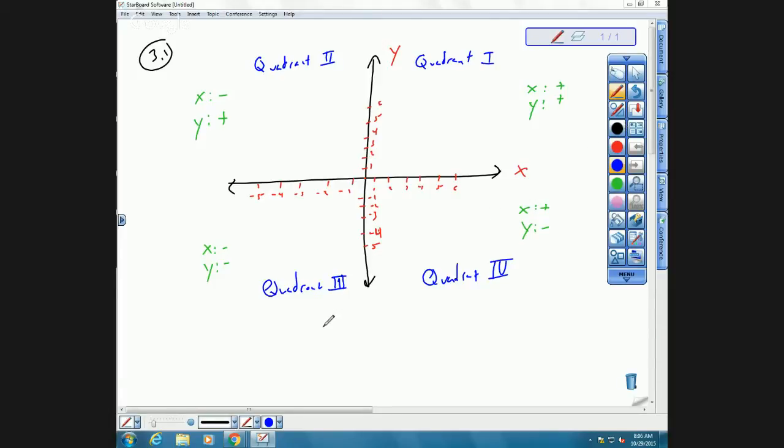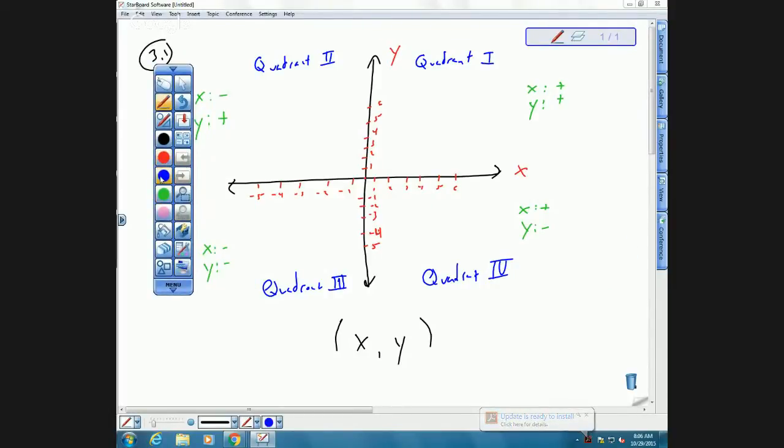So a point is always in the form of X, Y. X and Y. So you have X comes first and Y comes second. So if I give you a point, let me get some points here. The point 2, 3, that means that's your X value and that's your Y value. So I go to X 2 and then go up to Y 3, and that would give me that point right there.